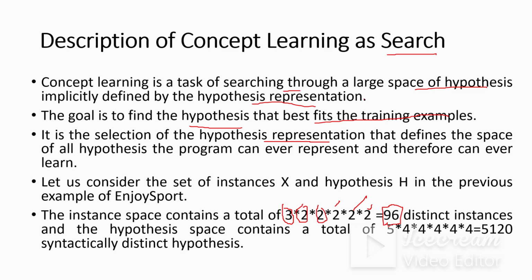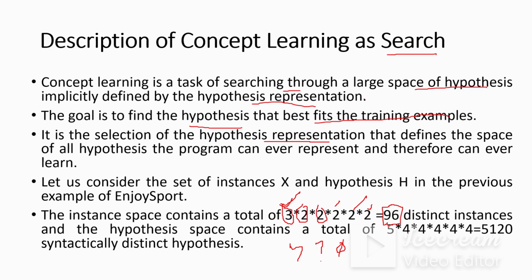And moving on, let us try to understand the hypothesis space. In the hypothesis space, in addition to the 3 values, for example let us take the sky attribute, there are 2 more values, which are the question mark and phi.